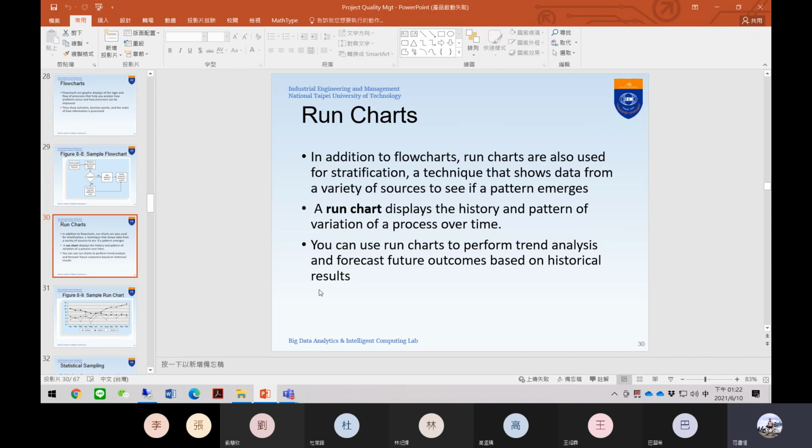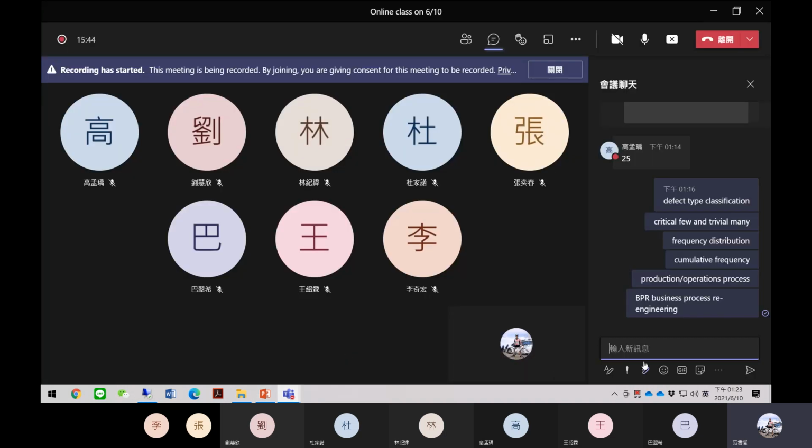In addition to flowcharts, run charts are also used for stratification, a technique that shows data from a variety of sources to see whether a pattern emerges or not. A run chart displays the history and pattern of variation of the process over time. You can also call it a time series plot.